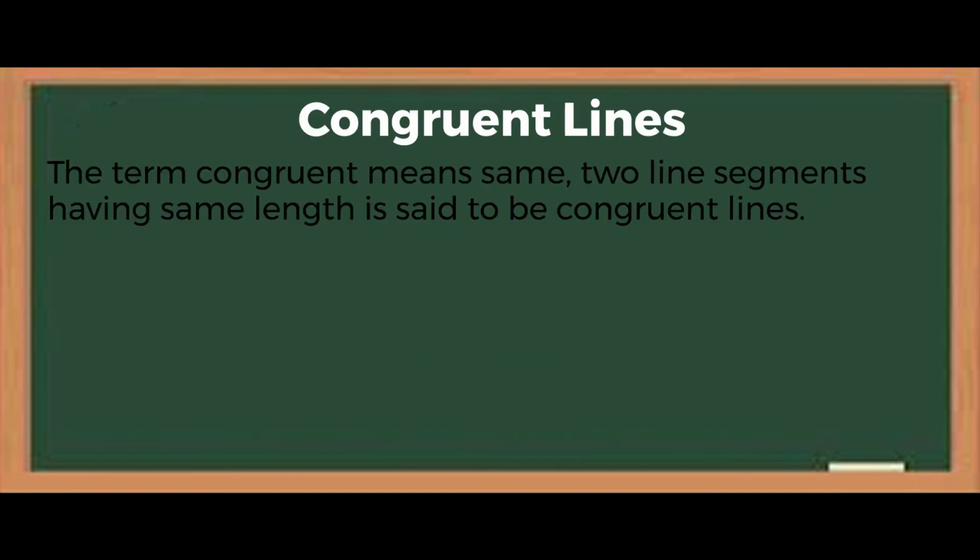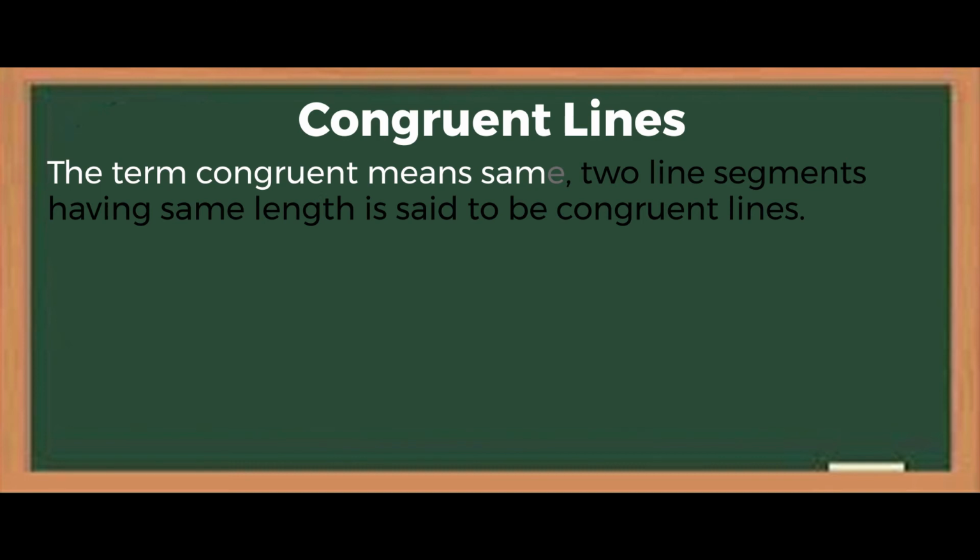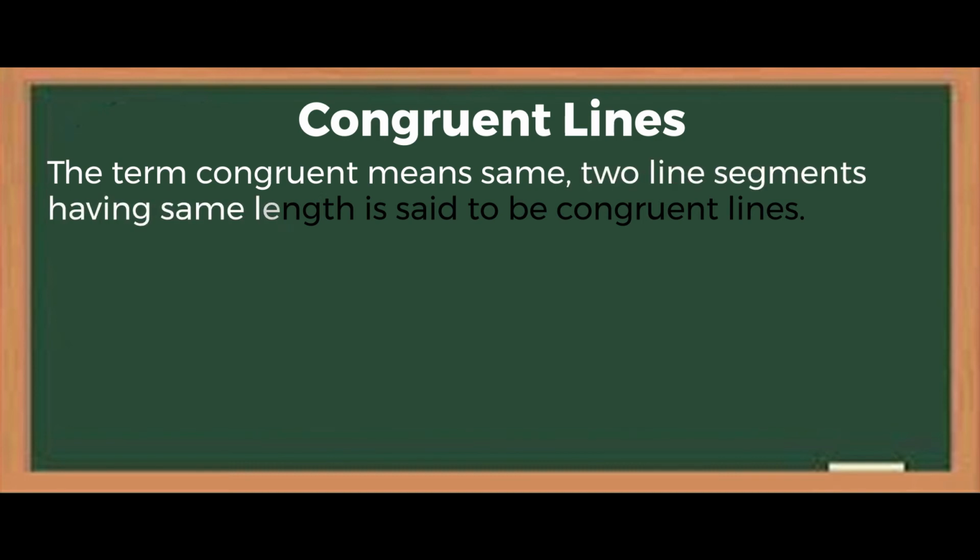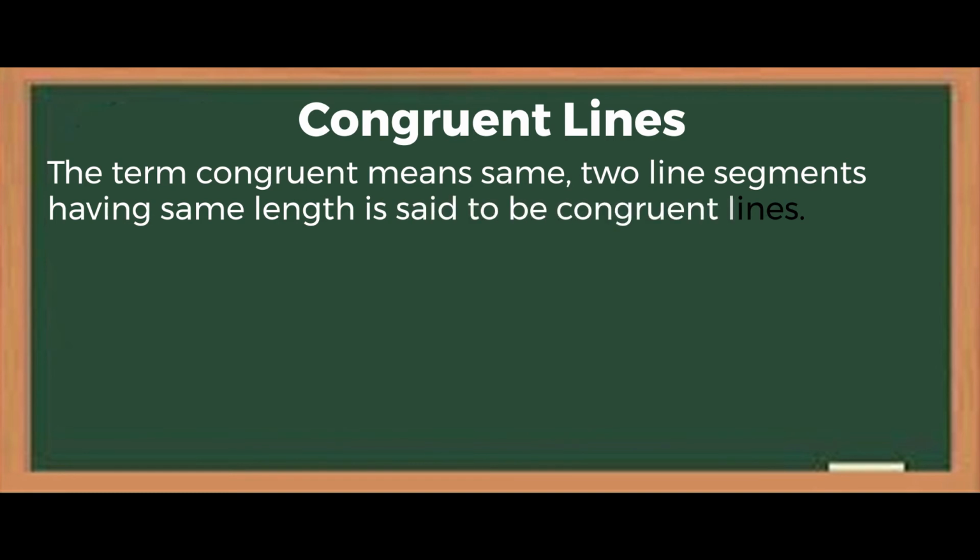Okay, now let's explore congruent lines. The term congruent means same. So two line segments having the same length are said to be congruent lines. Let's see. What you need to do is draw any line segment AB as shown.